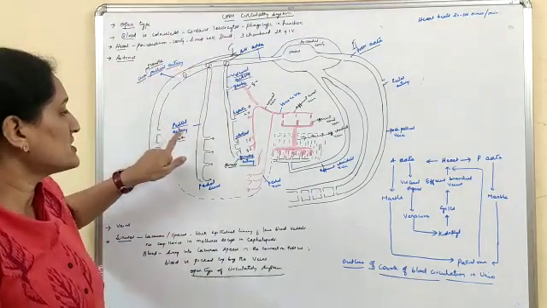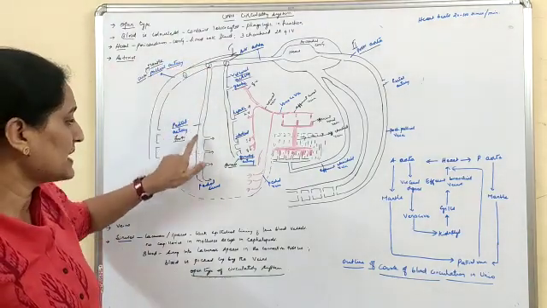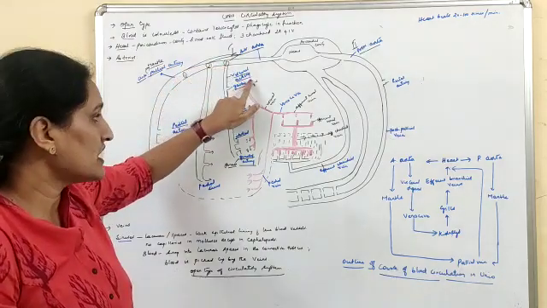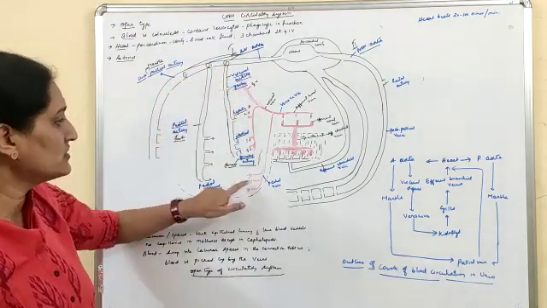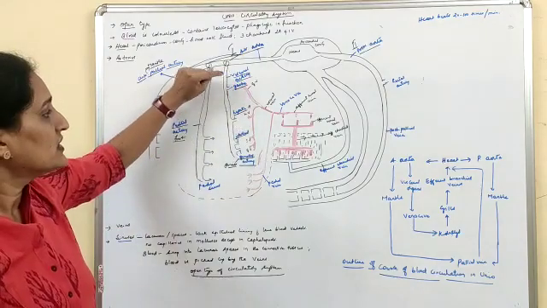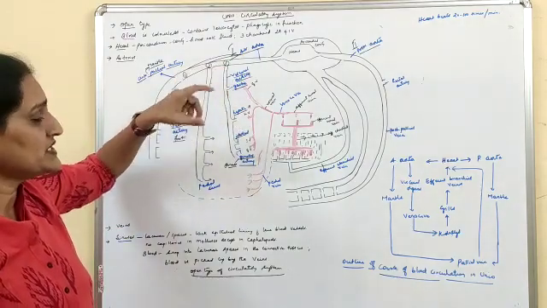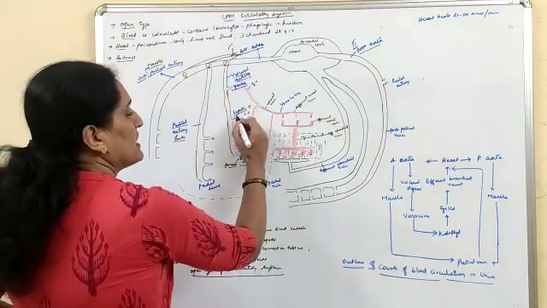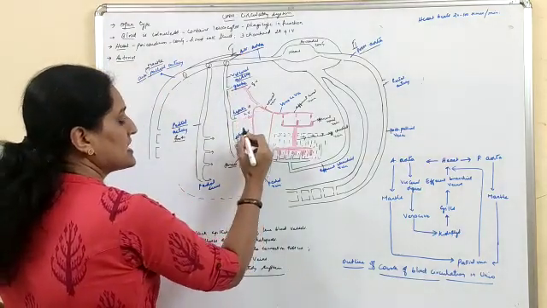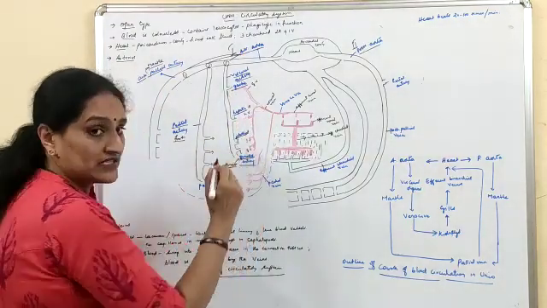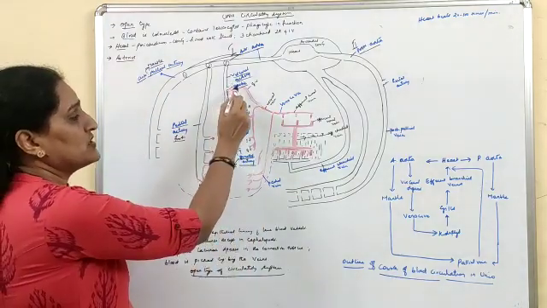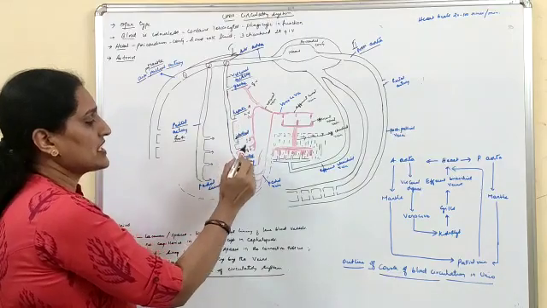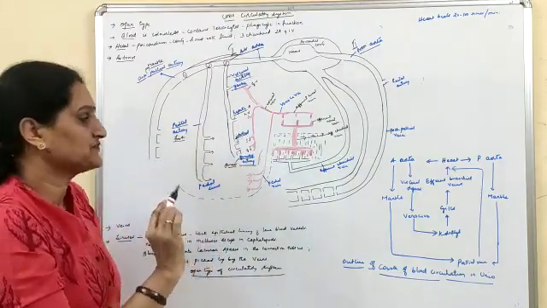The second one is the pedal artery supplying blood to the foot. The third one is the visceral artery supplying blood to the visceral organs. And this visceral artery splits into four main arteries: the gastric artery, the hepatic artery, the intestinal artery and the gonadal artery, supplying blood to the stomach, the digestive gland, intestine and the gonads.